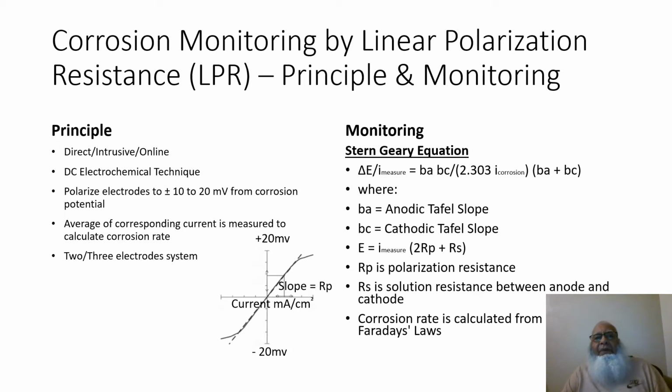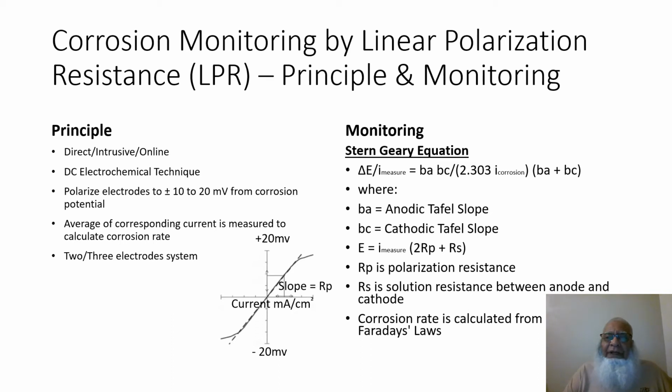It monitors on the basis of the Stern-Geary equation, which is explained in here, where B is the anodic Tafel slope, BC is the cathodic Tafel slope, E is actually I corrosion times (2Rp plus Rs).